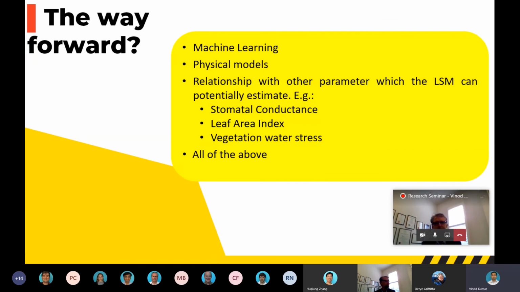So there are a lot of processes that are not parameterized, for example, groundwater in JASMIN. Sounds like we need hydrojoules or something like that. Possibly. Yes.